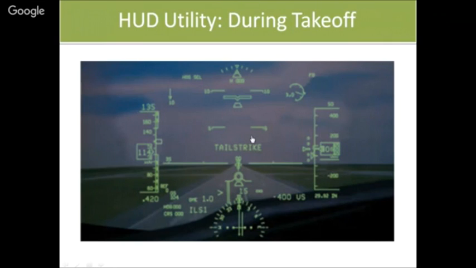But in that case, HUD is able to signify a tail strike warning, which is visible at the center, that this particular takeoff may cause a tail strike, and the pilot can take a decision accordingly. Either he can reduce the pitch or he can abort the flight if it is not possible at that moment.